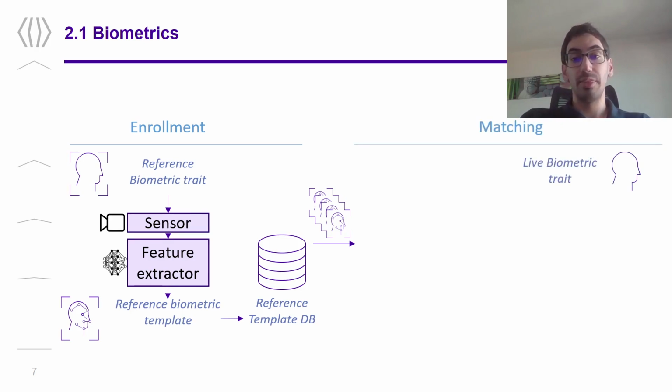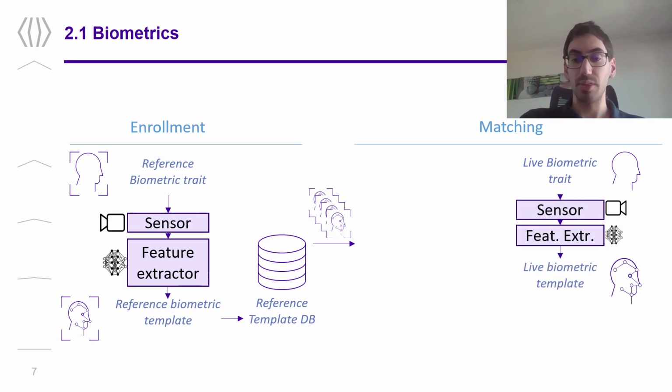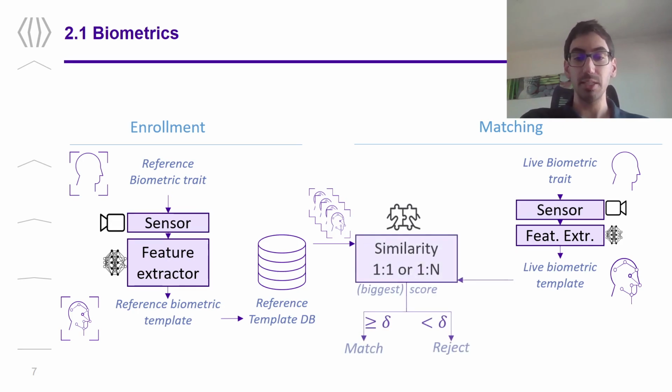Then we have the online phase, that would be the matching phase, where we're once again capturing a biometric trait, this time live. So we're capturing the face with a sensor, using the same feature extractor to obtain the live biometric template. And once we get it, we can compare this biometric template one-on-one with a selected record, or one-to-all with all the records of the reference template database, similarity-wise, to see how close they are.